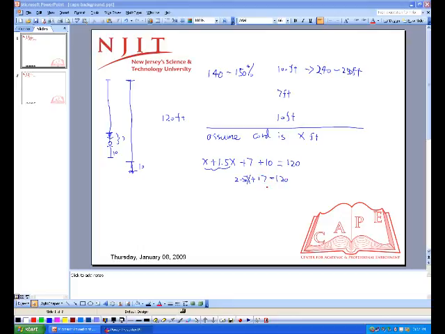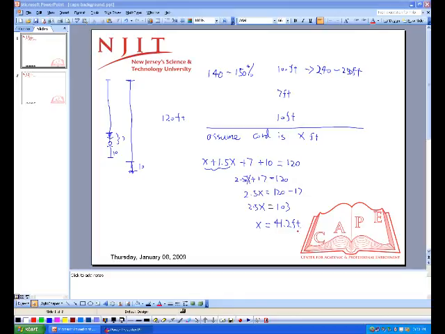Now we want to get rid of the 17, so 2.5x is equal to 120 minus 17, which gives us 103. Now we divide both sides by 2.5, so x will equal 41.2 feet. That will be our final answer.